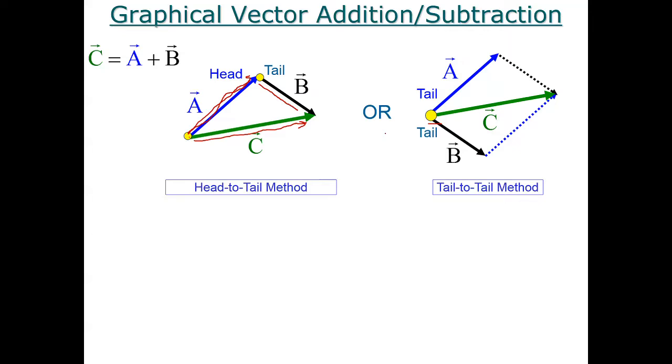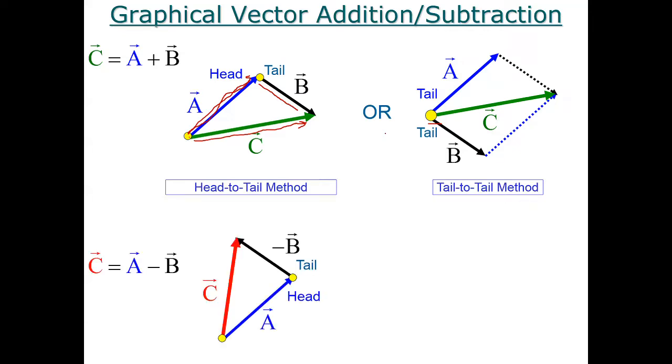Also, we may want to be able to subtract vectors. We can do this a few ways. First of all, if we want a negative vector, we can turn it around 180 degrees so it is pointing in the opposite direction. So we take our B vector, then we turn it around 180 degrees, and that is our negative B vector.